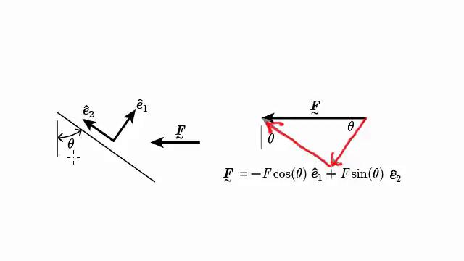So notice that in the problem we were given this angle theta right there. This angle theta is the angle of this sloped line relative to the vertical. So if this is angle theta, then this must be angle theta right there, because this side of my vector triangle is parallel to the e hat 2 direction, right?